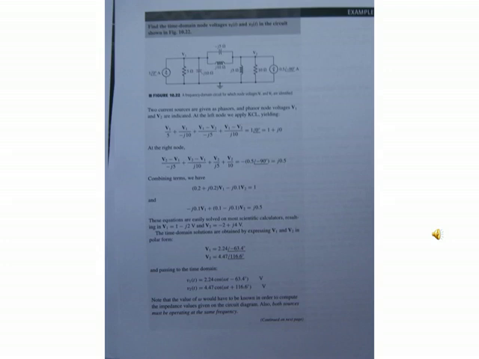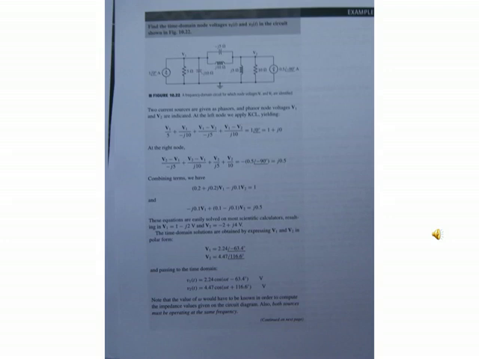V1 minus V2 divided by minus J5 is the current through the minus J5 ohm capacitive reactance, and V1 minus V2 divided by J10 is the current through the J10 ohm inductive reactance. The sum equals the source current 1 angle 0, or 1 plus J0.